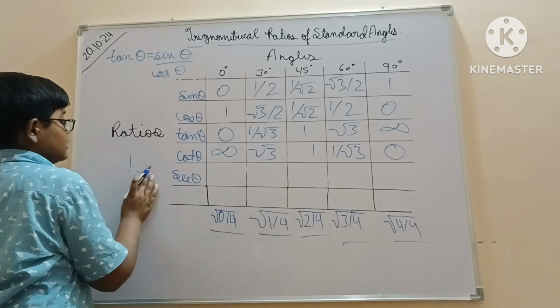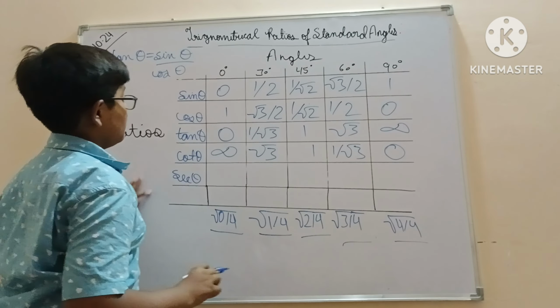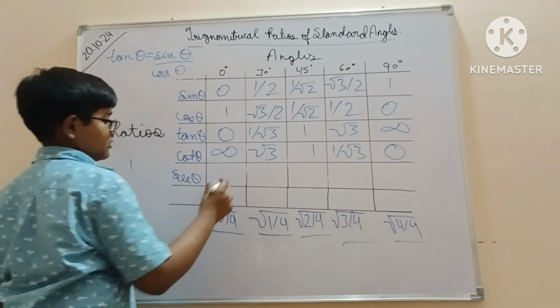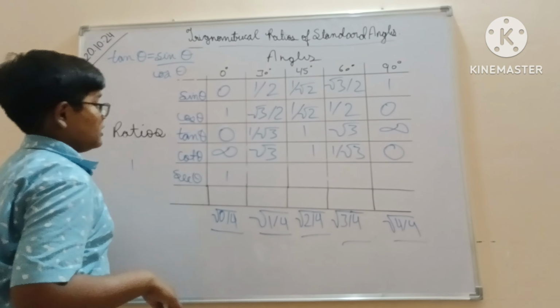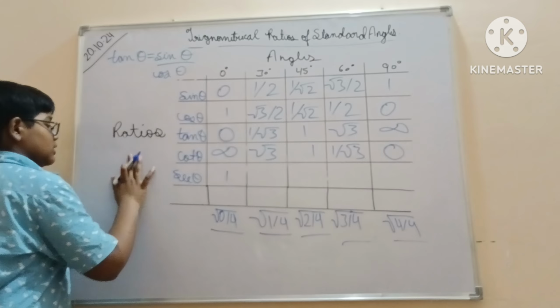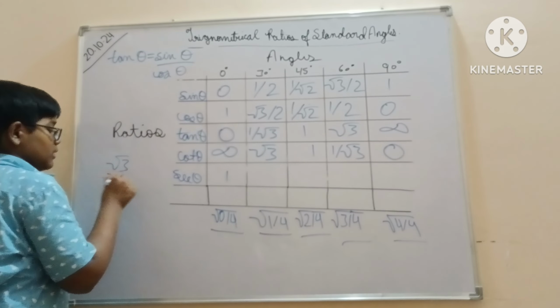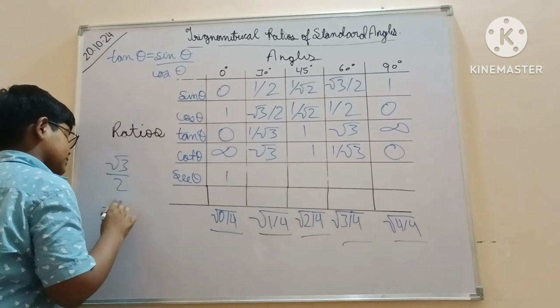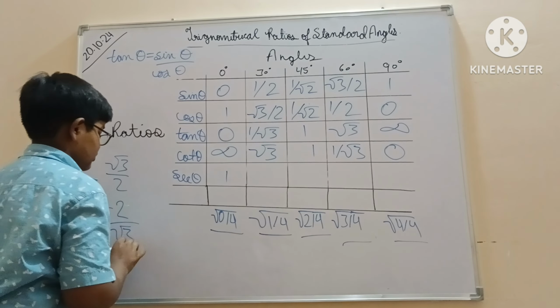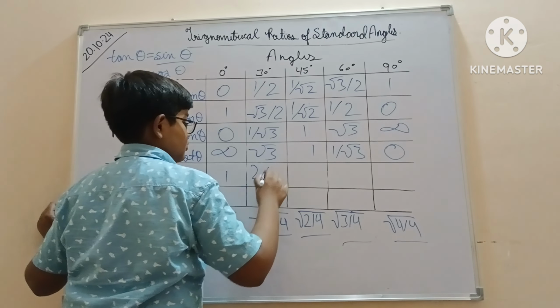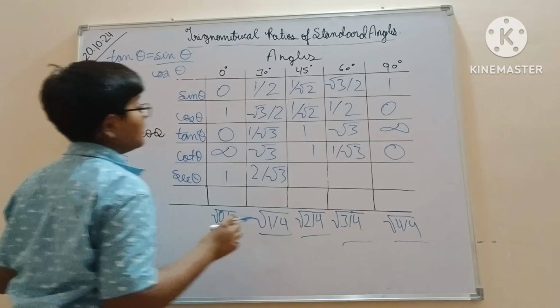First, the reciprocal of 1 will become 1 only. So sec 0 degree is 1. Now the value of cos 30 degree is root 3 divided by 2. It will be reciprocated and become 2 by root 3.